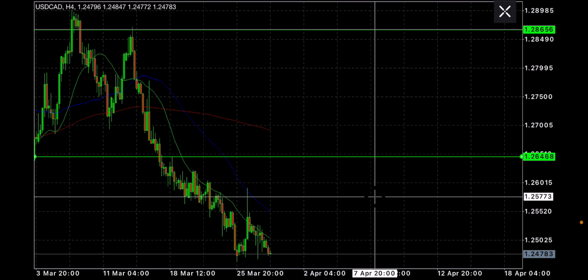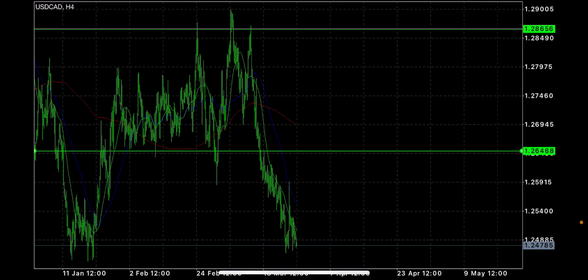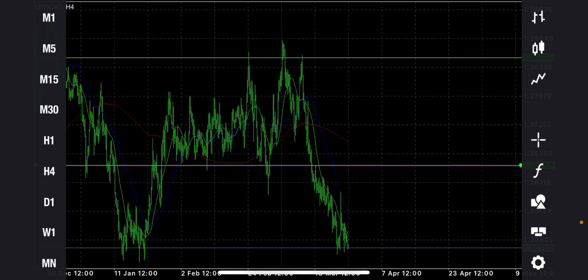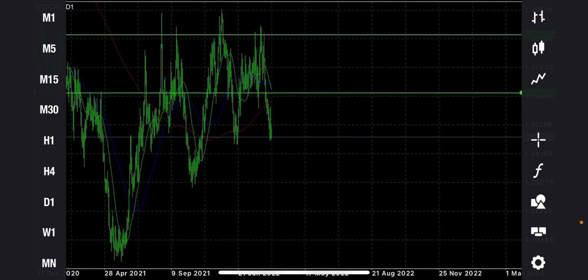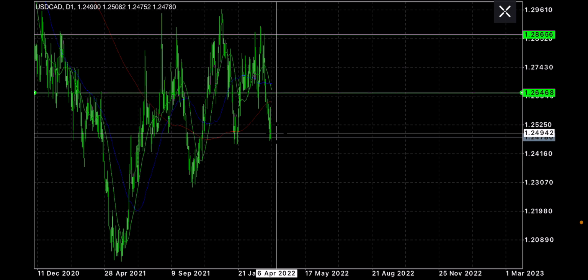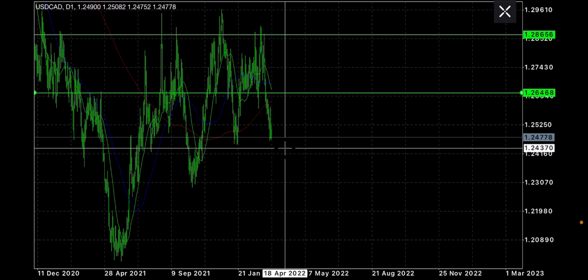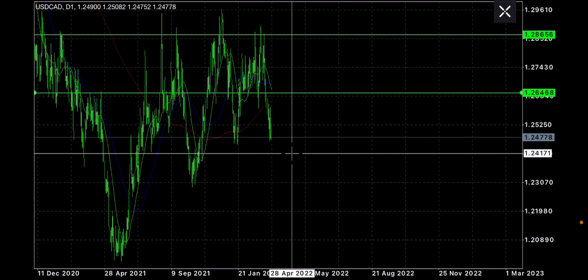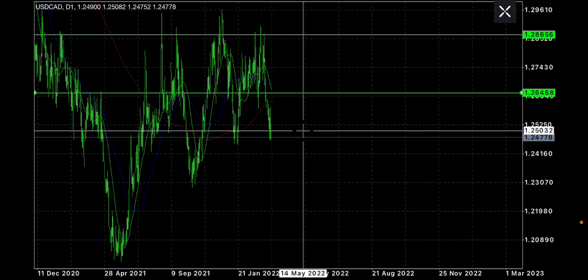Is it possible that we keep going down? If the USD news comes out very negatively, the oil news starts to pick up, and we have some positive CAD news, we could get down to this general area before price picks back up again.